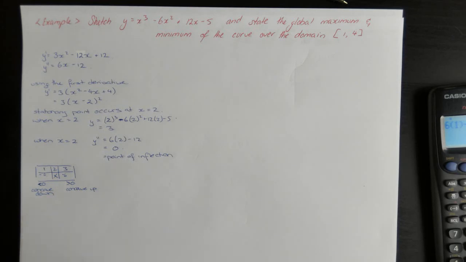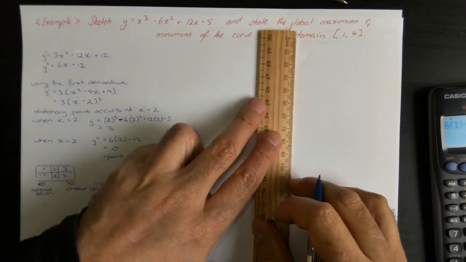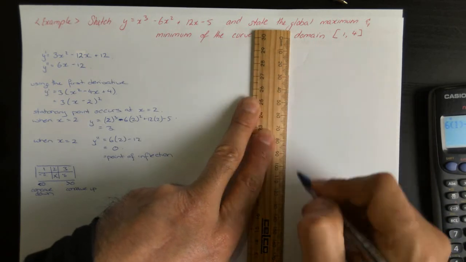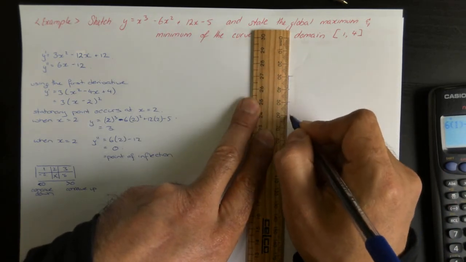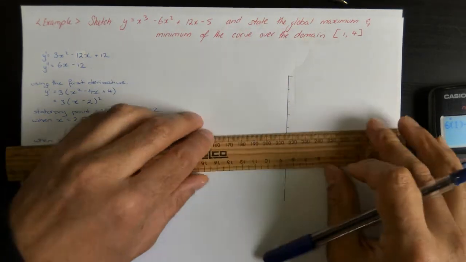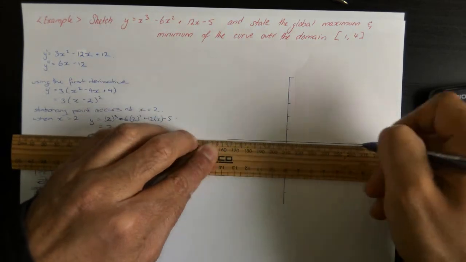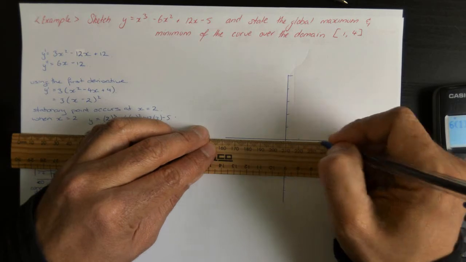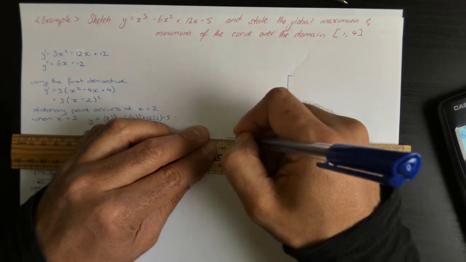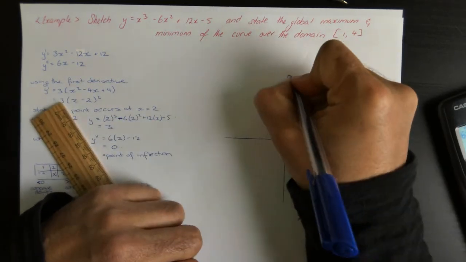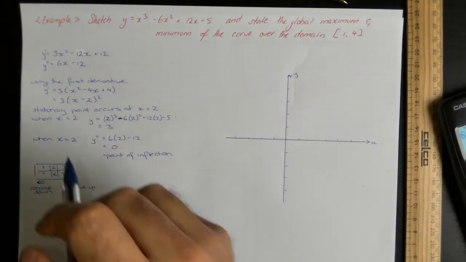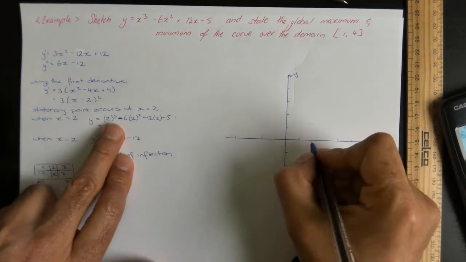Okay, so now I should be able to sketch it. So I know there is this stationary point that occurs at x equals 2.